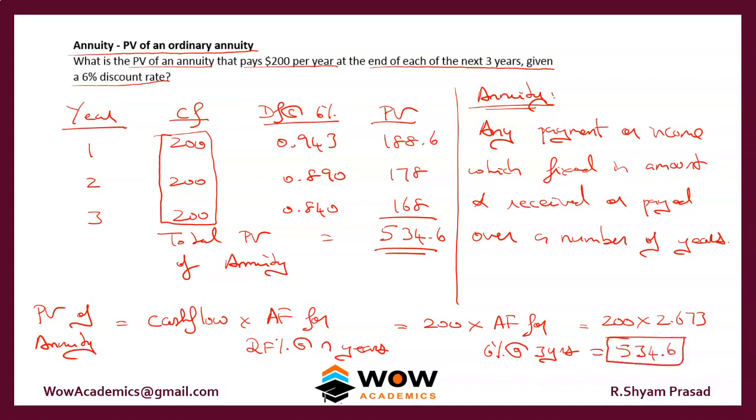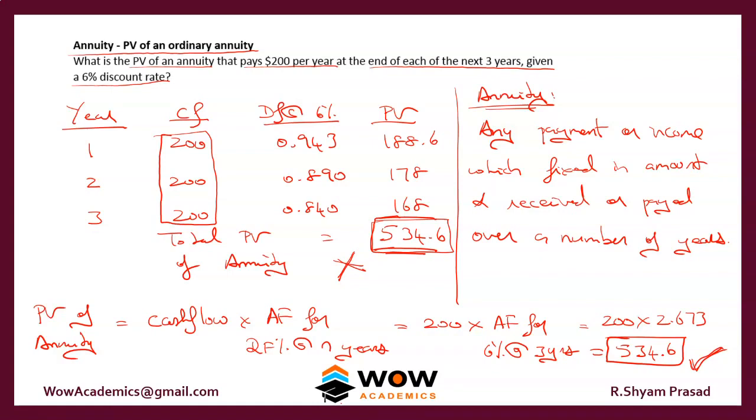This answer is the same as the earlier answer. If you're working out an annuity, there's no requirement to do a table like this. You can just work it out in a simple line and directly get the answer. If you're comfortable with annuities, you don't even need to show the workings. You can directly multiply 200 into 2.673. It is as simple as that.